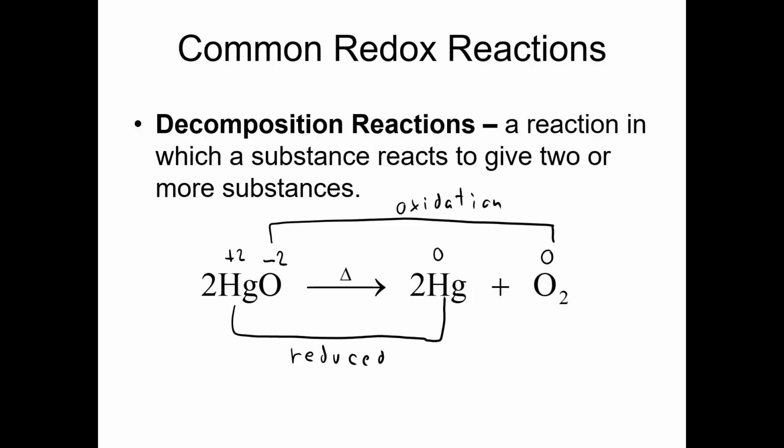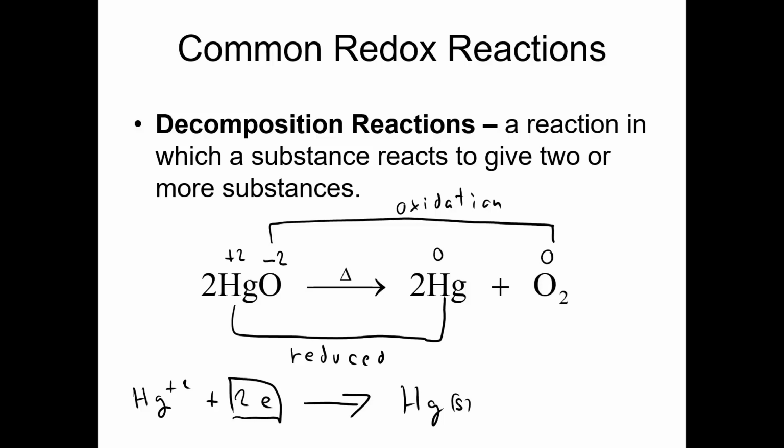And you should also be able to write the half reactions where mercury +2 gains the 2 electrons and forms mercury 0 or solid. Okay? So if the electrons are on the left side of the reaction, it is a reduction.